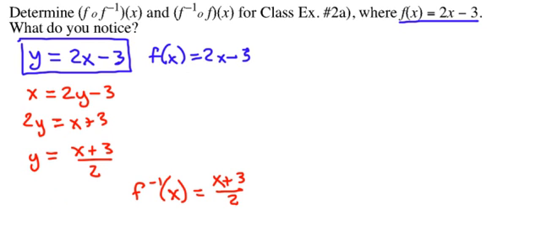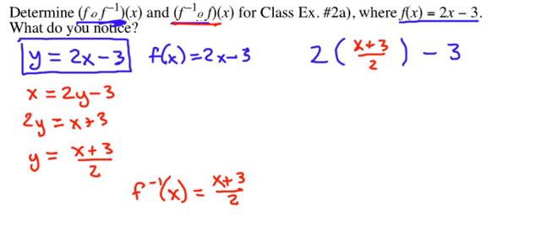And what they're asking us to do now is plug these two functions into one another, first in this order and then in this other order, and see what happens. So if we do f composition f inverse, that means take function f, which is 2 times something minus 3, and into it they want us to plug the inverse function, which is (x plus 3) over 2.